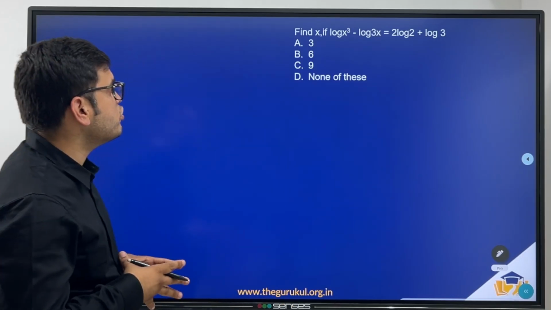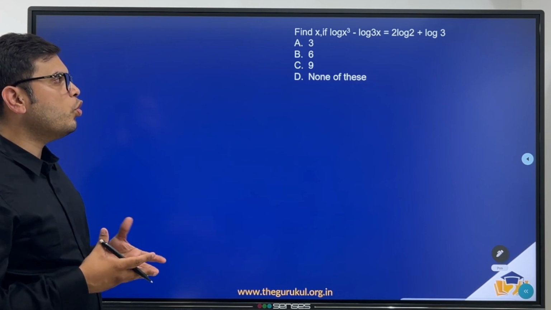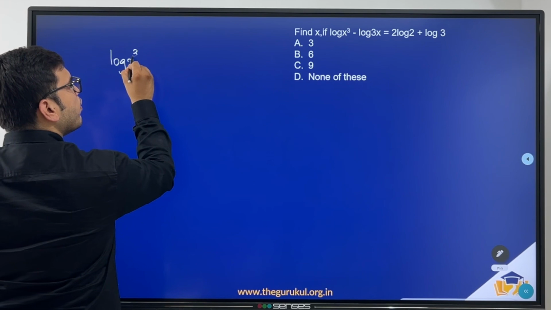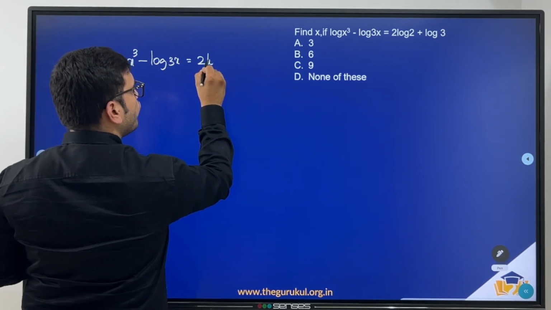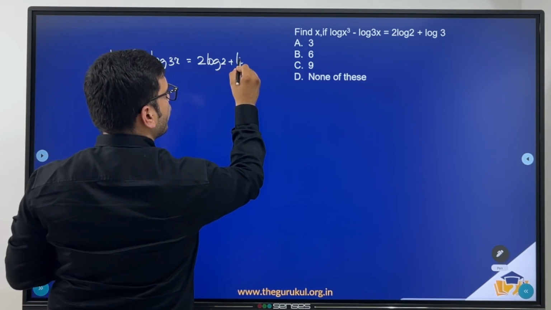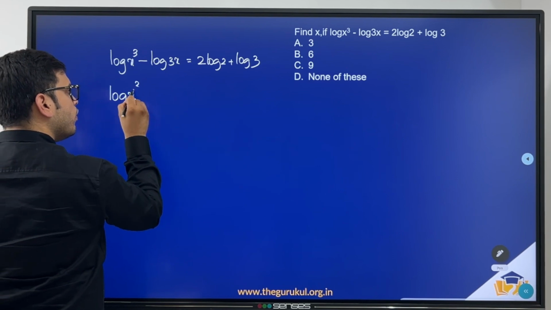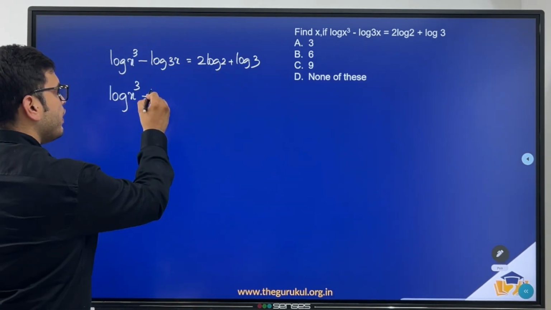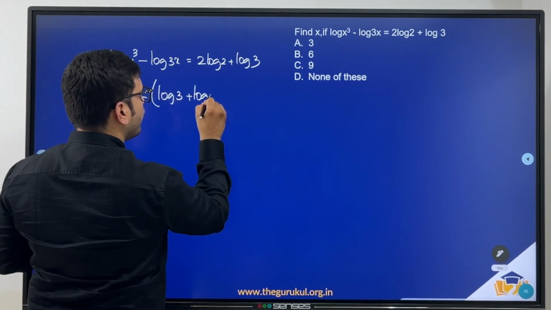Now coming to the final question. Find x if log x cube minus log 3x is equal to 2 log 2 plus log 3. So we have log x cube minus log 3x is equal to 2 log 2 plus log 3. Right. So log xy can be written as log x plus log y. So I'll be writing log 3x as log 3 plus log x.